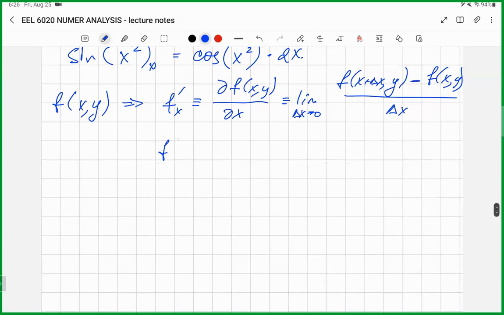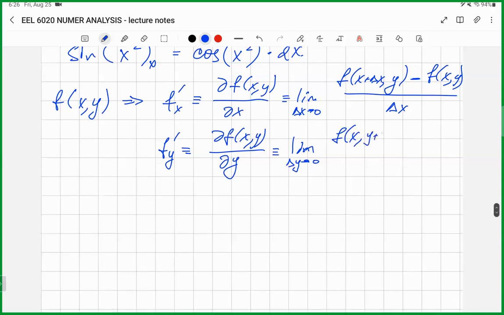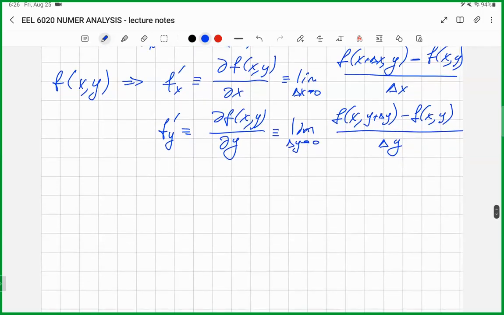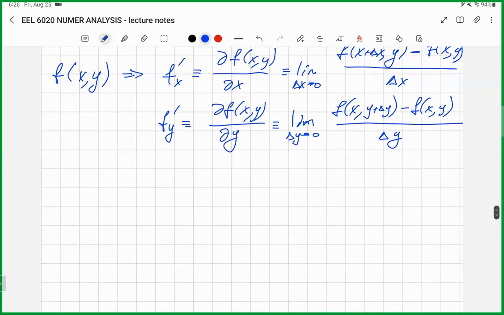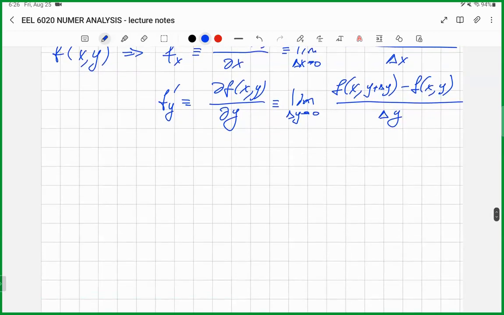Of course, I can take the derivative by another argument, and it will be ∂f(x,y)/∂y, which is nothing but the limit as dy goes to 0 of f(x, y plus dy) minus f(x,y), over dy. Pretty straightforward.